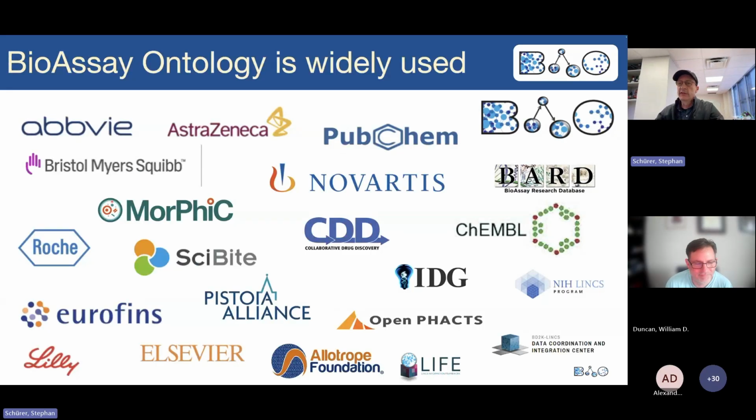So here are the number of organizations that use BAO. I just want to show them here to illustrate that it's reasonably widely used and adopted after many years of development, but also saying that we are not funded by those other than those NIH-funded projects, right? So these are not supporting it, but they're using it. I'm not complaining about it, I'm just pointing it out.